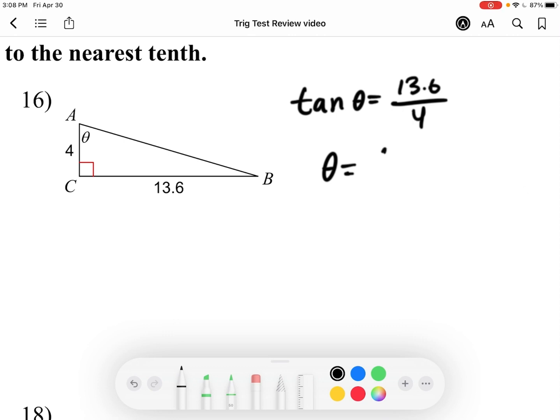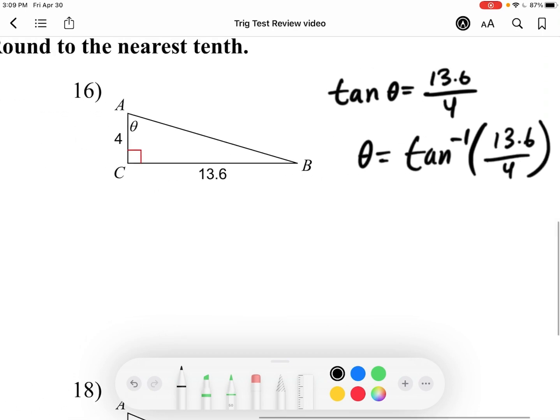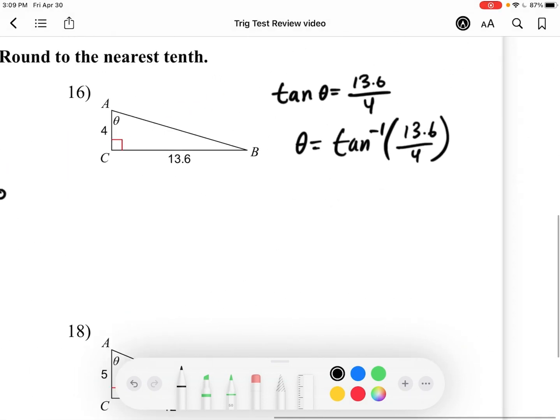You have theta is equal to the inverse of tangent of 13.6 over 4. You can just do that from now on, now that in number 15, I showed you why we end up with that.